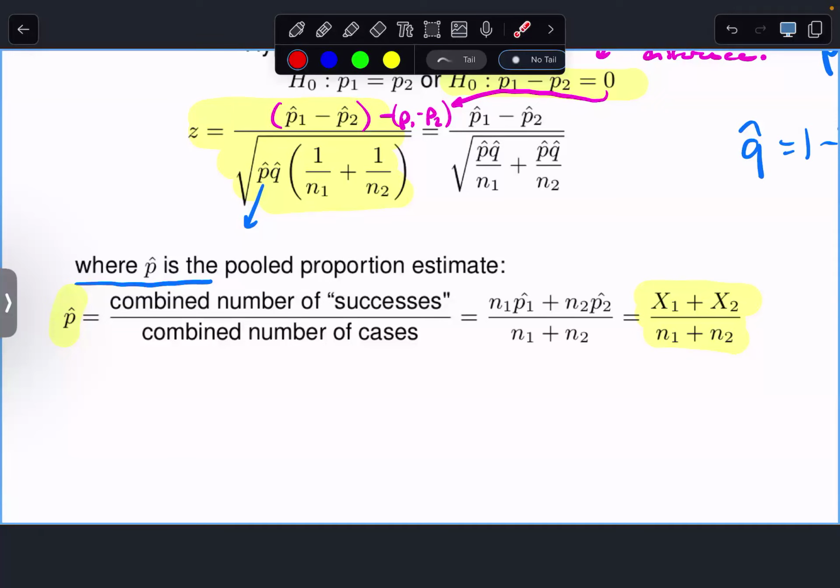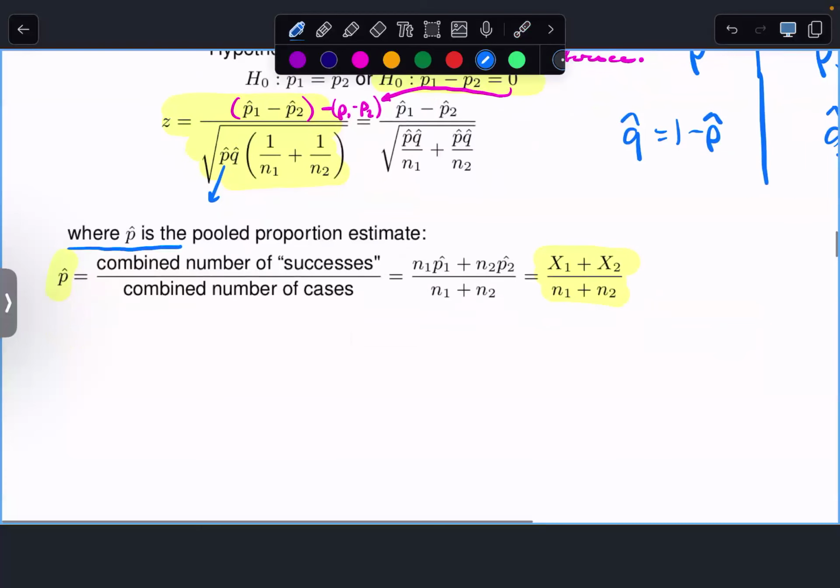Besides that, q hat is still 1 minus p hat. So once you have your pooled proportion, then you can find q hat, and then you've got p hat, q hat, you've got your n1, your n2, and then you can find your standard error for your z.